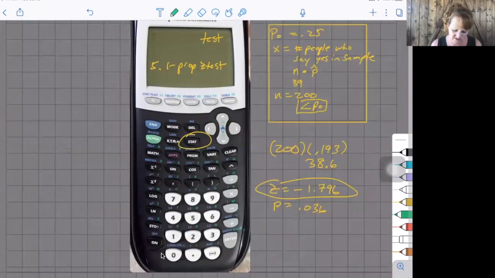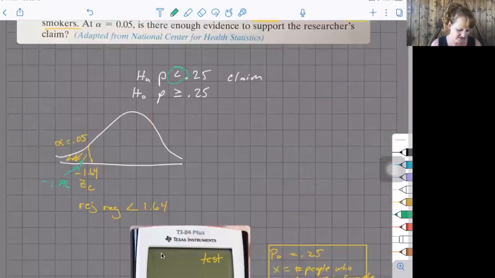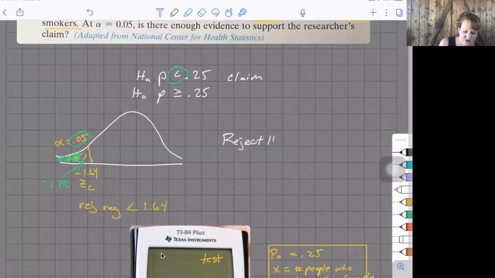And P, you can see, is 0.036. That's smaller than my alpha. So it's like it's in here. So this is definitely where P is less than alpha and your standardized test statistic is less than your critical value. So this is definitely a reject H naught.